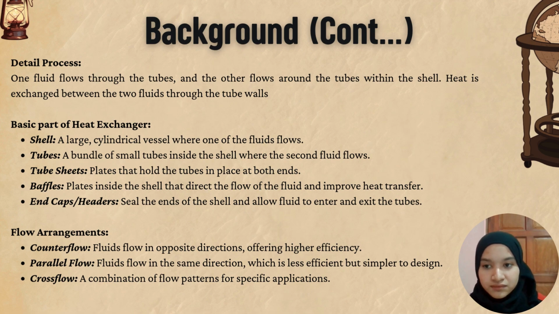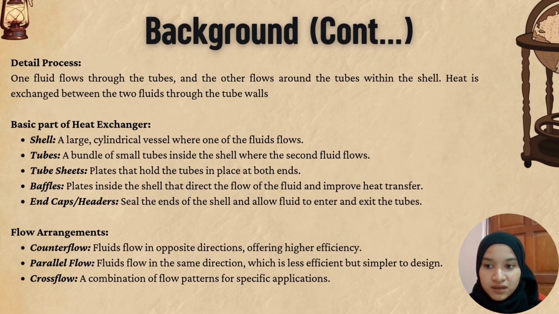In the exchanger, there are three flow arrangements: counter flow, parallel flow, and cross flow. In counter flow, the fluids flow in opposite directions, offering higher efficiency. Next, parallel flow: fluids flow in the same direction.